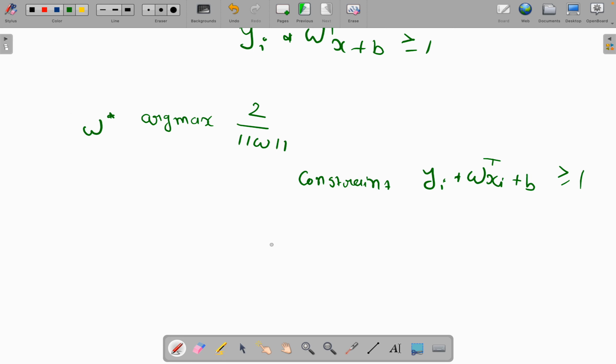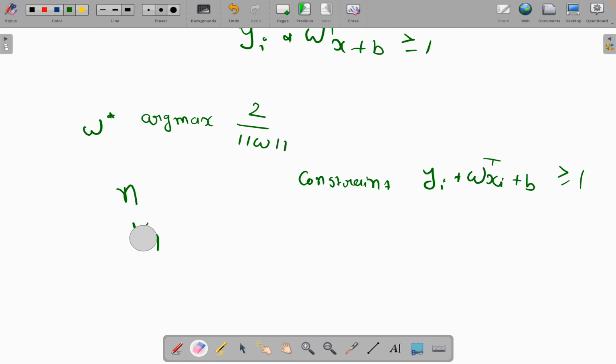But we had seen that in machine learning we are not maximizing something, but we solve the problem in terms of minimization, right? So if I say I am maximizing n, I can say I am minimizing 1 by n, right?